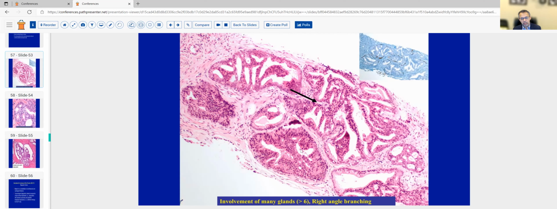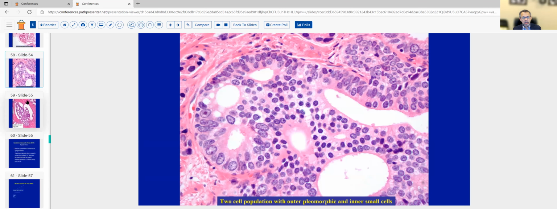Here you see this involvement of numerous glands. Again, notice this beautiful branching pattern, and you have the presence of basal cells. So this is a beautiful example of intraductal carcinoma. Here is an example of this 2-cell population, outer tall pleomorphic cells and inner central monomorphic cuboidal type of cells.